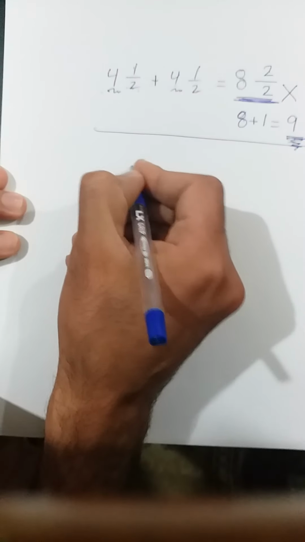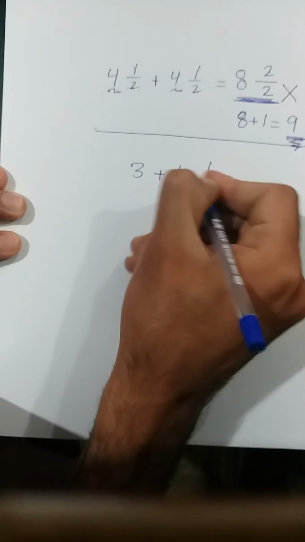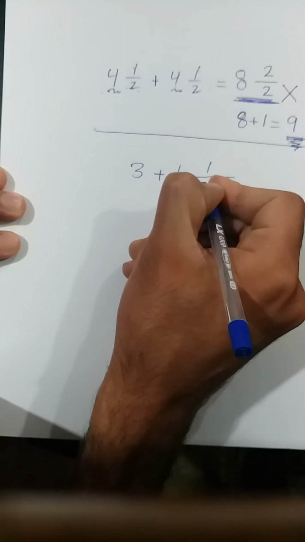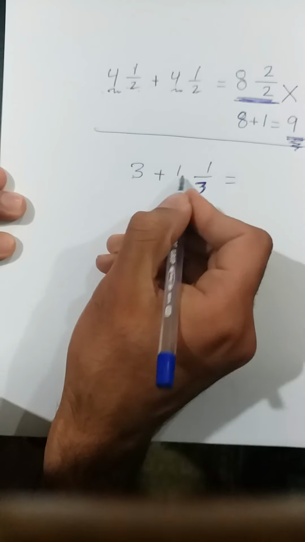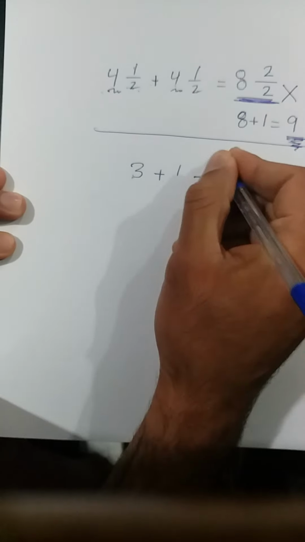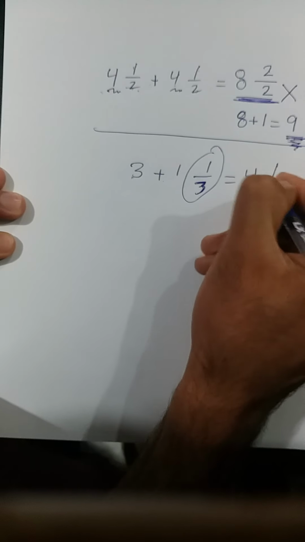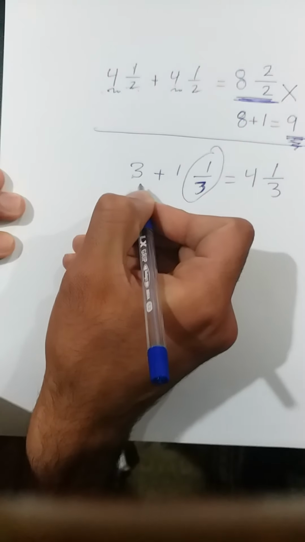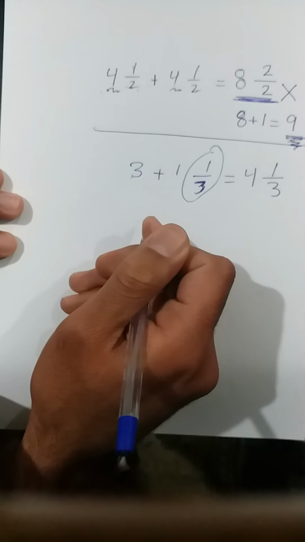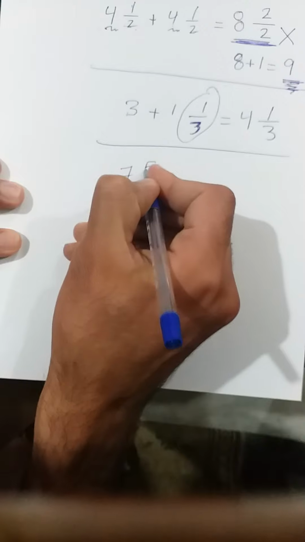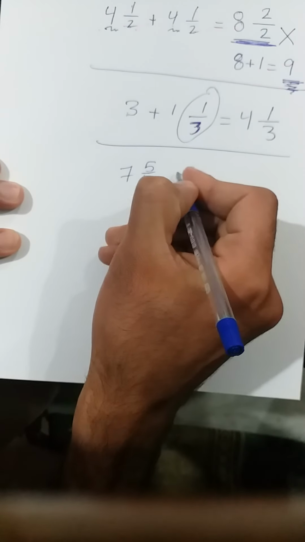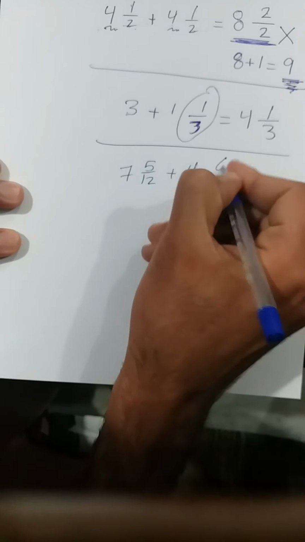Okay, let's go to the second one, which is here 3 plus 1 over 3. I have told you the plus sign is going to be easy. 3 plus 1 will give me 4, and put the fraction as it is, because I don't have any fraction here. And that is going to be my answer. The third one, 7 5 over 12 plus 4 6 over 12.